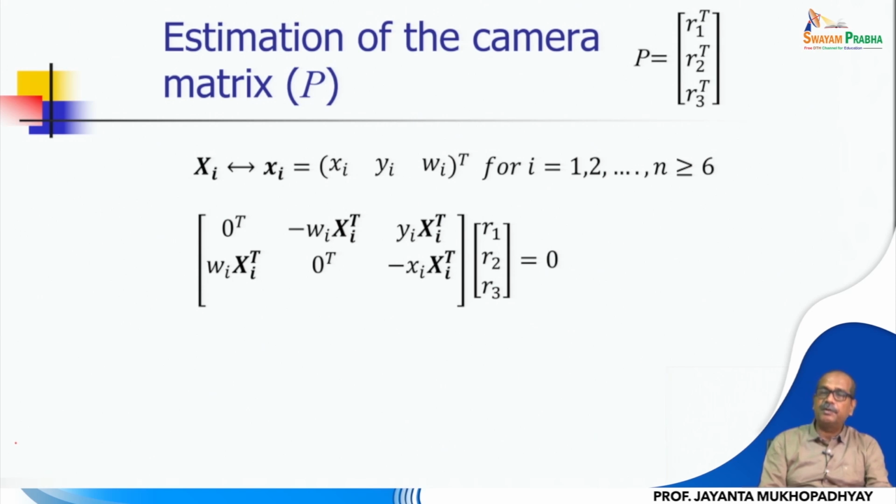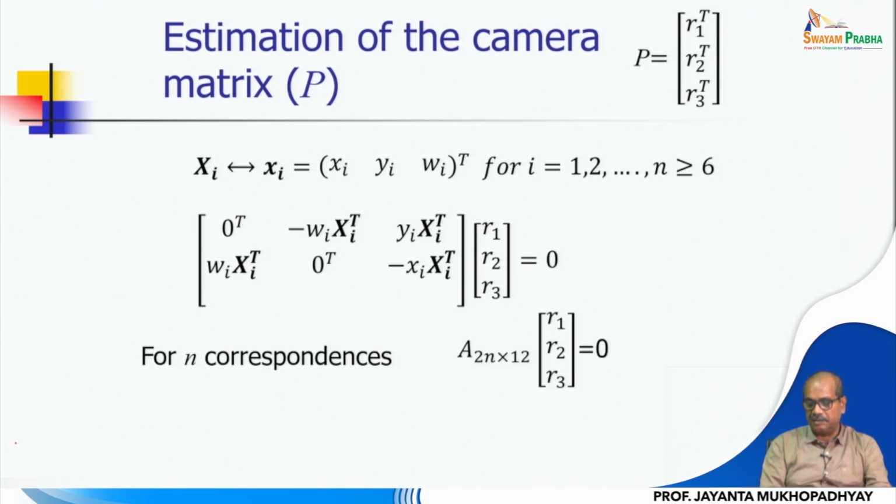So, the problem is that you require more equations, a minimum of 6 point correspondences, as I mentioned. For the sake of robustness, we will consider many more point correspondences, much more than 6. In a general case, for n correspondences, n is greater than or equal to 6.